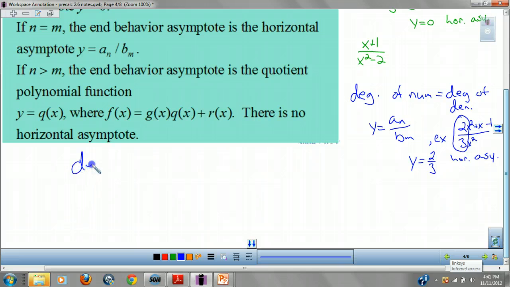If your degree, I gotta change color to be fancy.